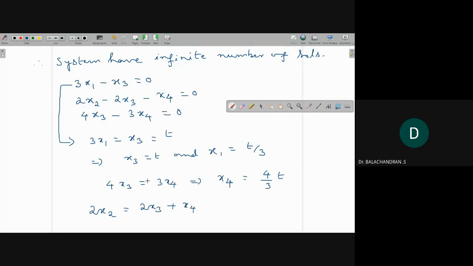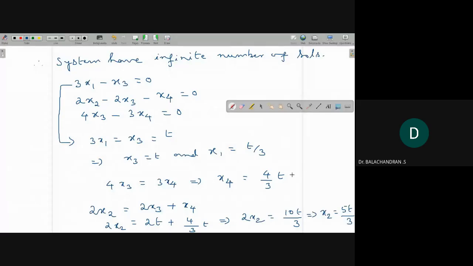Now substitute the value of x3 here. 2 into x3 is 2t, plus x4 is 4 by 3 into t. So 2x2 is equal to 10t by 3, or x2 is equal to 5t by 3.